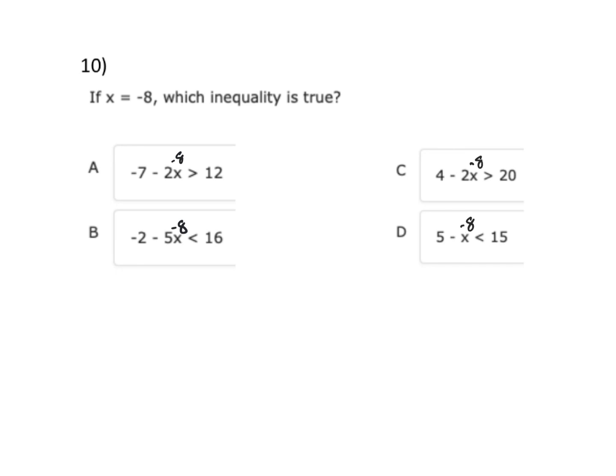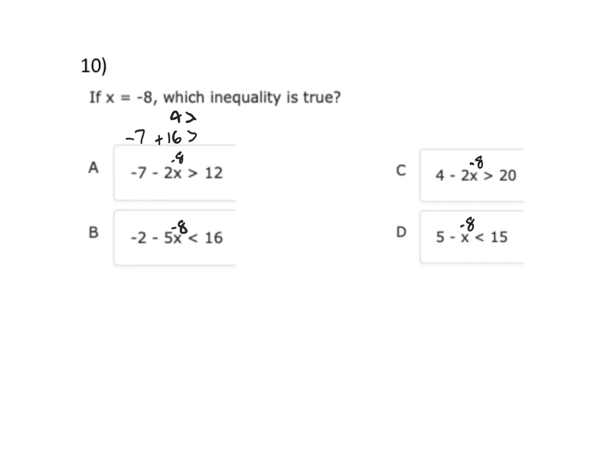Okay? So on A, we have negative 2 times negative 8, which is positive 16. And then we have a negative 7 with it, so that just means subtract. So 16 minus 7, and that answer would be 9.